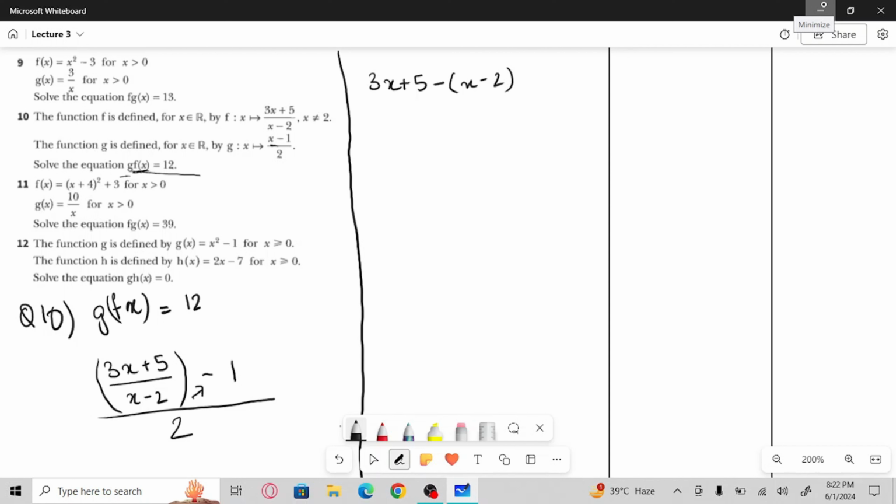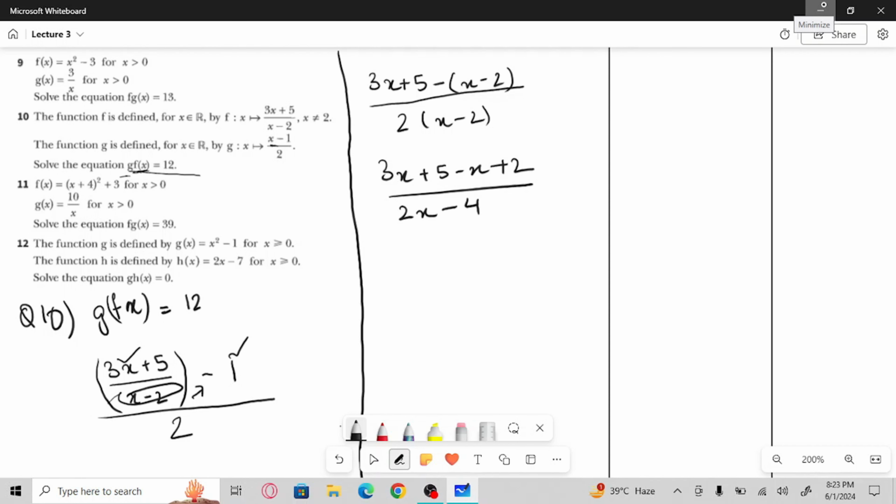And for that we are going to do this and then divide it by 2 multiplied by (x minus 2), because this whole denominator, when it's going to be a denominator of these two values, then it's going to multiply with 2. Okay, it's the basic rules of mathematics.